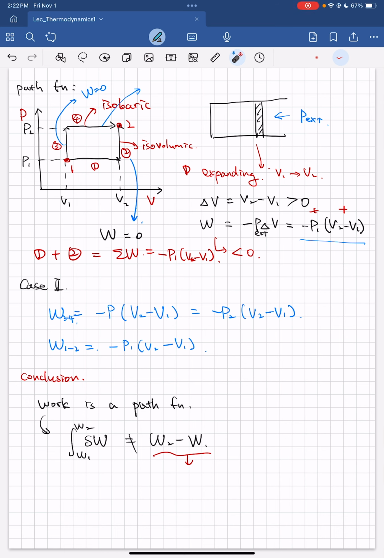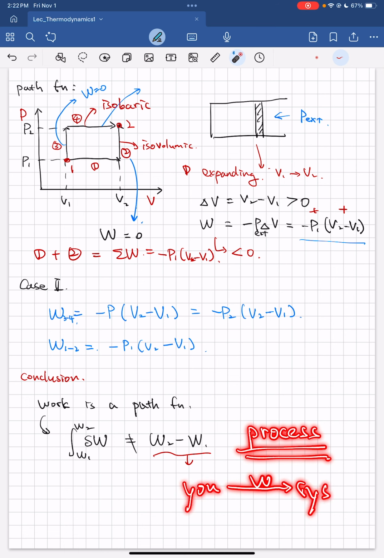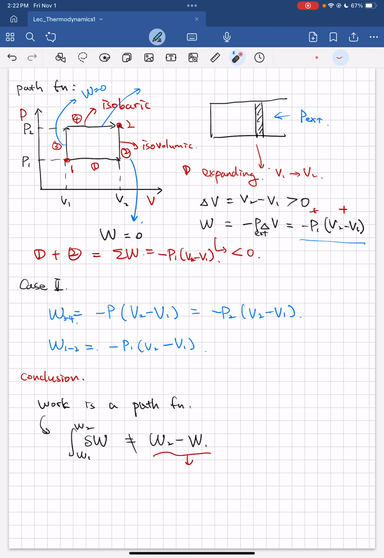This is a process term, part of a process. It doesn't belong to the system. That's the clear difference between path function and state function. A state function is a state of that system, like your name, or temperature, or pressure, your height.